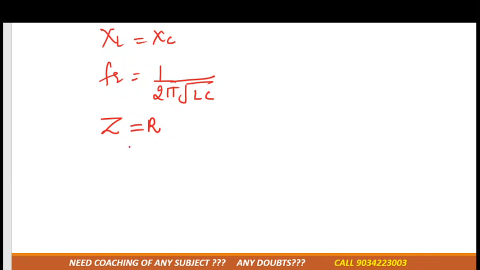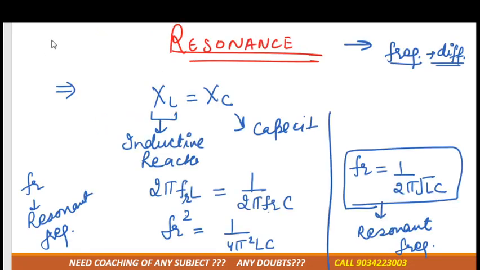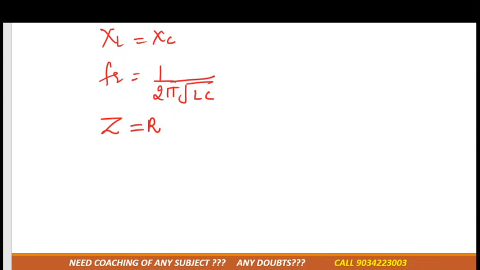If they say derive series resonance, and this one I'm talking about is the series resonance, then you need to draw the graph for that as well. Now see how you can draw the graph. Tell me first, if Z is equal to R, is Z minimum or maximum?